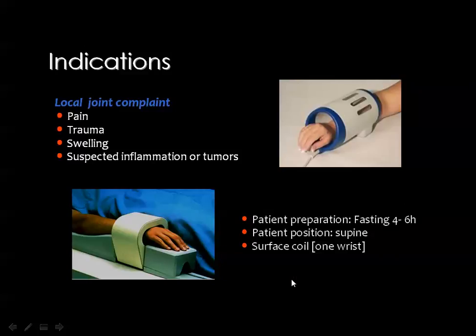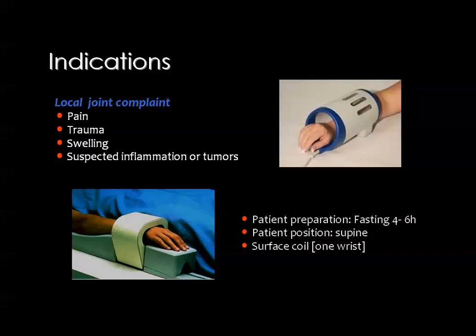You know that the reasons for examination of any joint by MRI are most likely those located to the joint itself, in the form of pain, trauma, swelling of the joint, or whenever there is a clinical suspicion of inflammation or tumors based on previous examinations or just on a clinical evaluation.